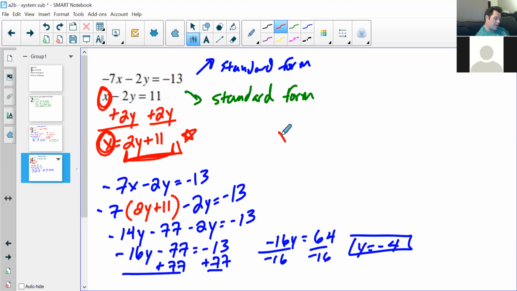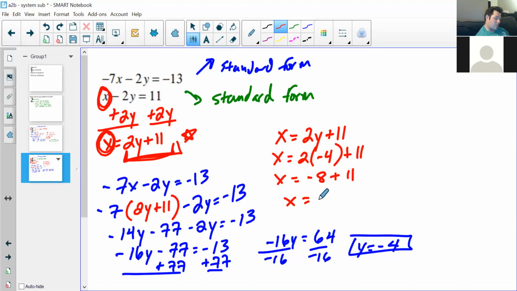So I'll rewrite that out, and I'll plug in, or substitute, what I now know for y, which is -4. And do a little math here. And I get x is equal to 3.